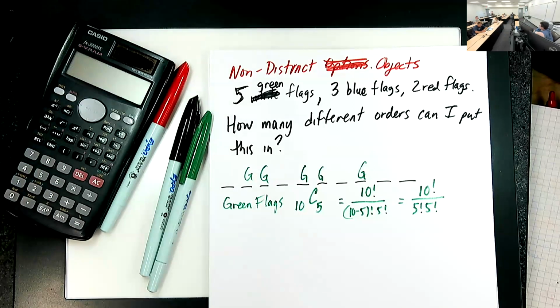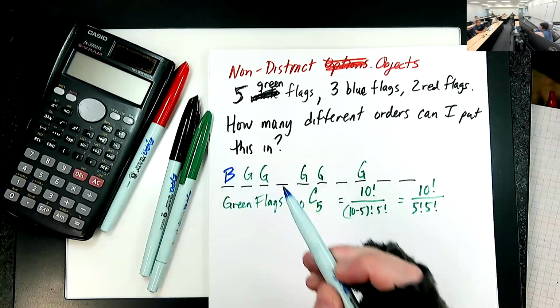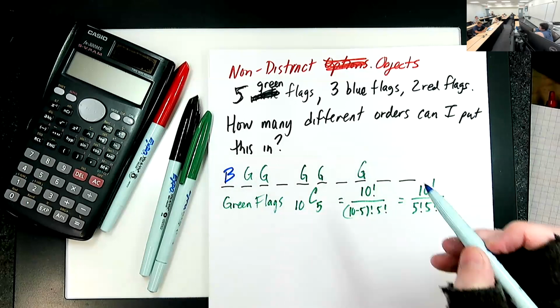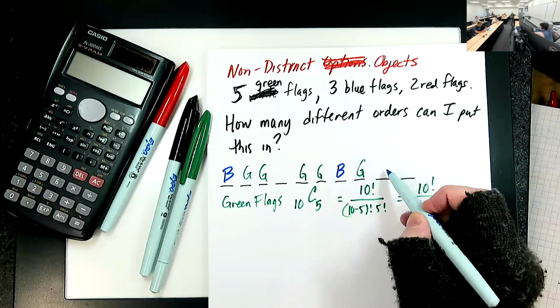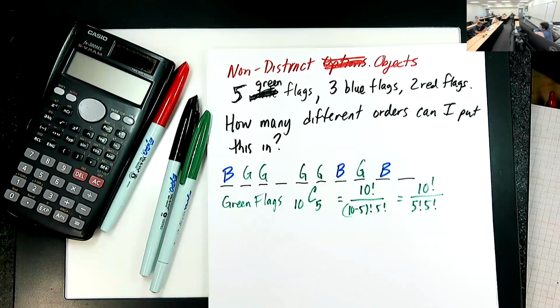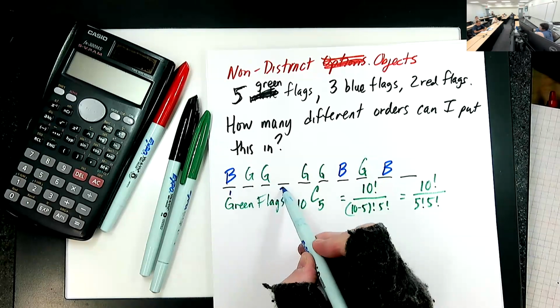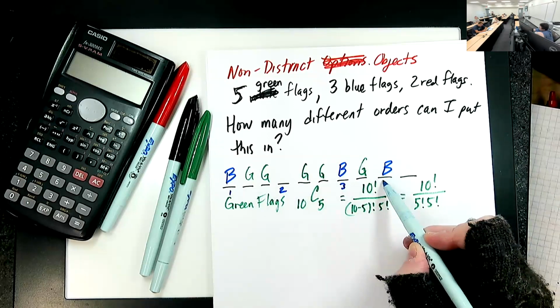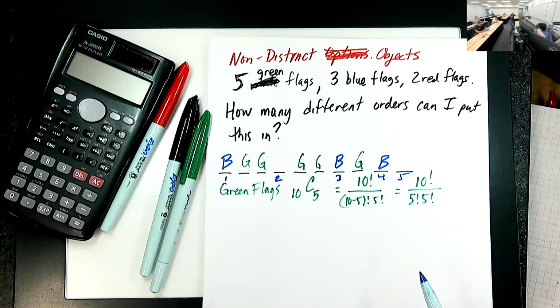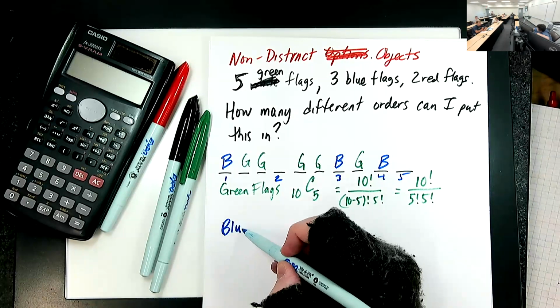The next option were my blue flags. I had 3 flags, and I could pick where they went. Blue is my favorite color, so I'm going to put it in front. Now let's say we had a blue there and a blue there. There was a total of 1, 2, 3, 4, 5 spots I could put them, and I got to choose where to put 3 of them.